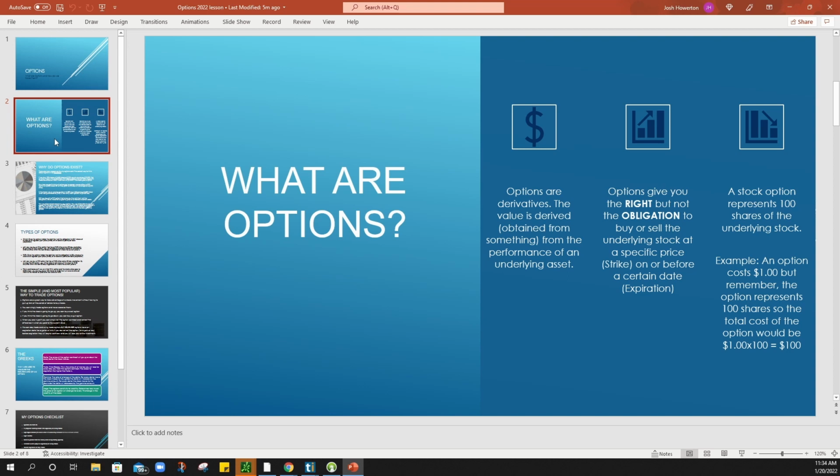Okay? So an option gives you the right, but not the obligation to buy or sell the underlying stock at a specific price, aka the strike, on or before a certain date, the expiration. So as an option holder, you have the right, okay, the right, but not the obligation.